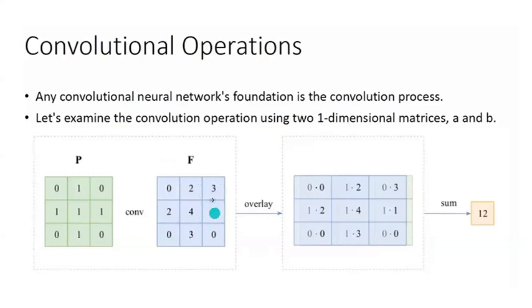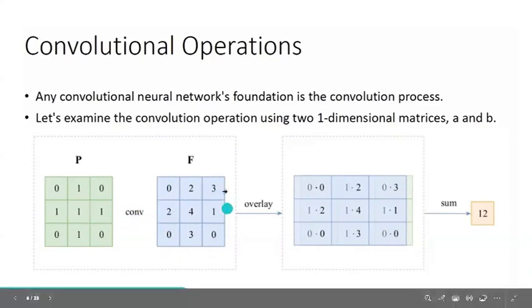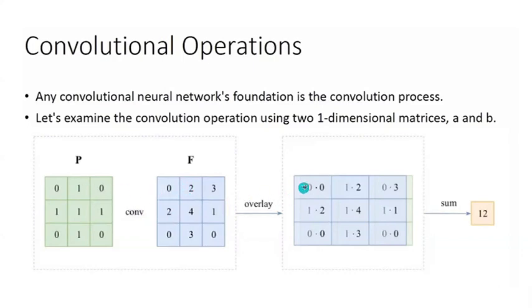From this filter we are trying to create a new image. That image is similar to this image, but it may have some variations. So if we overlap these two, we call this a matrix. If we overlap this and multiply these two, here I get 0.